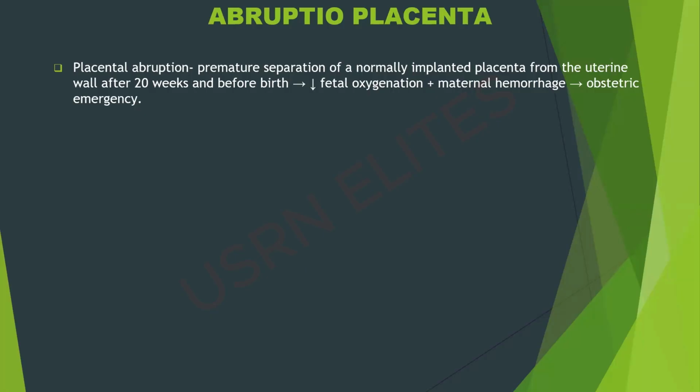So the placenta has abruptly detached from the uterine wall. And we are going to make a comparison between this and previa. Please take note of this. So if you have premature separation of the placenta, there's a decrease of fetal oxygenation.